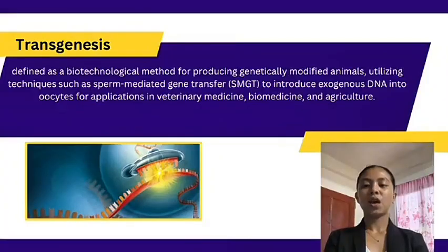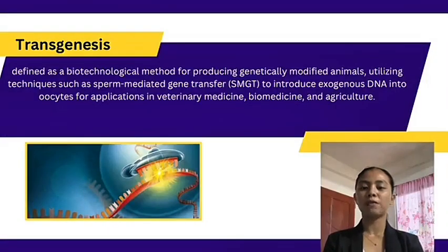Transgenesis is defined as the biotechnological methods for producing genetically modified animals, utilizing techniques such as sperm-mediated gene transfer to introduce exogenous DNA into oocytes for application in veterinary medicine, biomedicine, and agriculture.